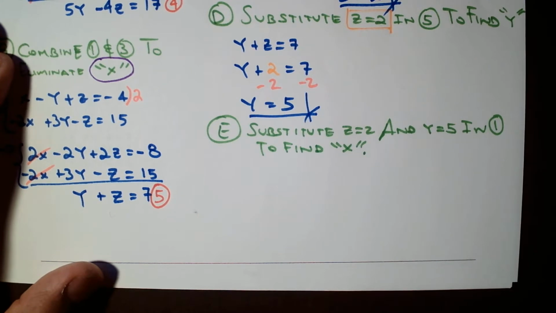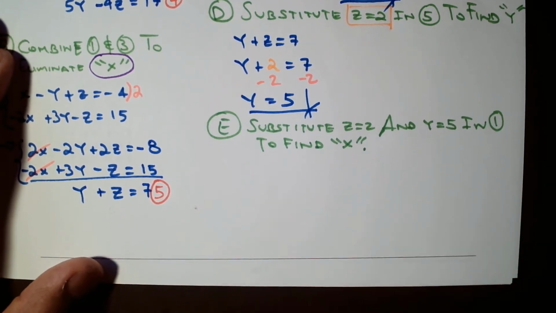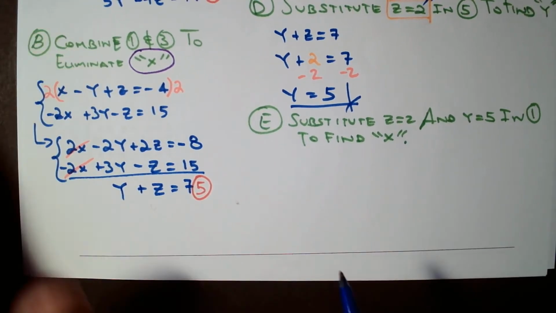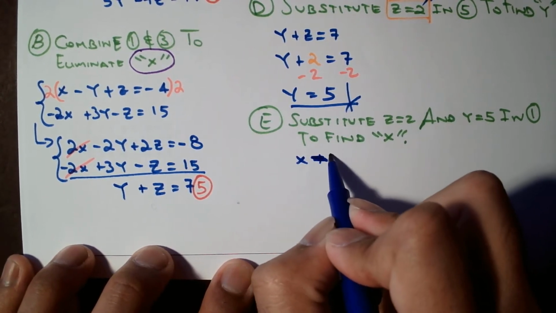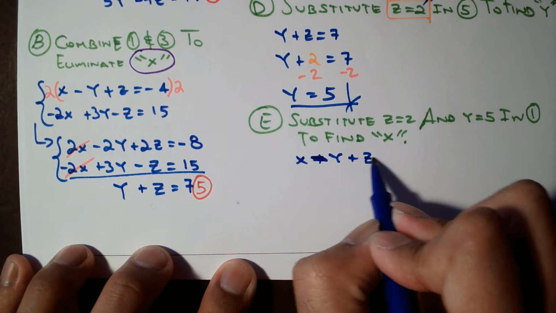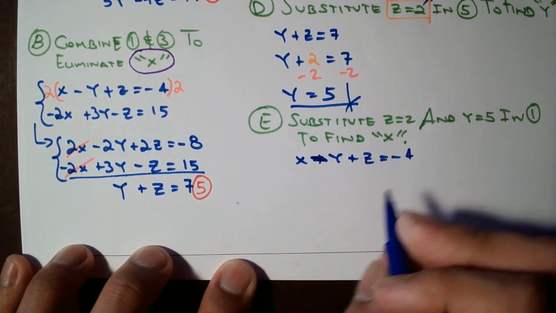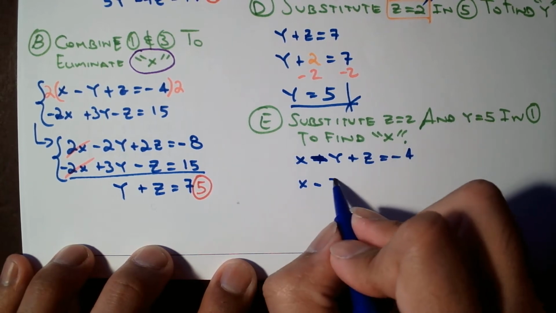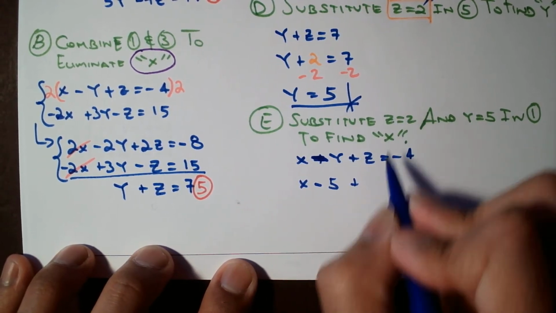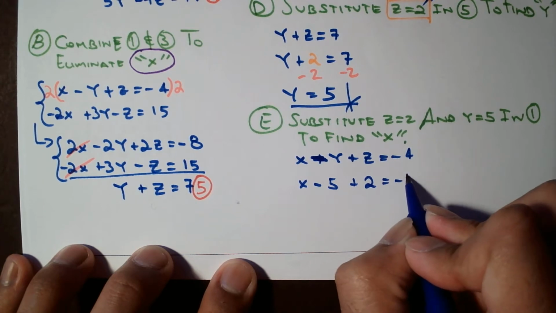All right, so let's write down equation 1 again, just so you can see where this is coming from. x minus y plus z equals -4. So x minus y, which is 5, plus z, which is 2, equals -4.